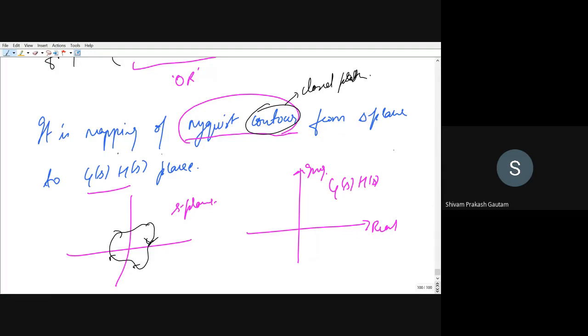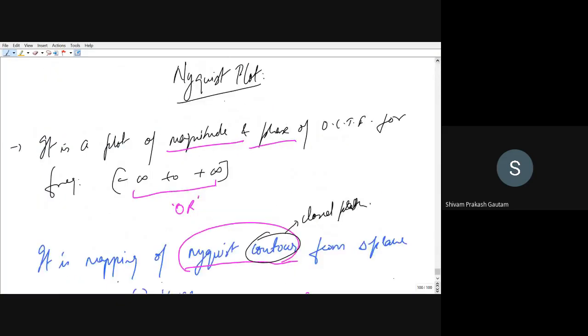So we are having a Nyquist contour, and we will map this Nyquist contour to the GH plane, and it may happen that GH plane will have certain plot. So this is the definition of Nyquist plot. You can see once again, it is a plot of magnitude and phase of open loop transfer function for a frequency range minus infinite to plus infinite.